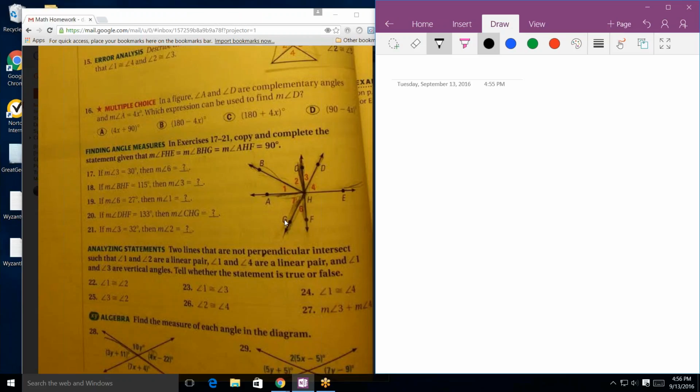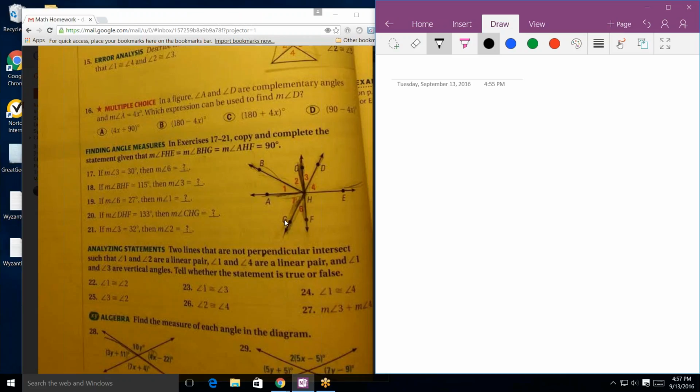GD is not a straight line in any of these problems, so we kind of have to assume it, and because BHG is 90 degrees, we would also have to assume that BHD is also 90 degrees.